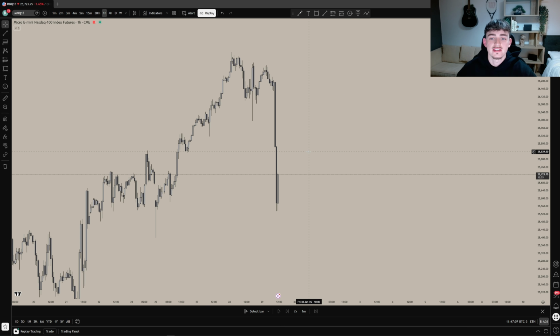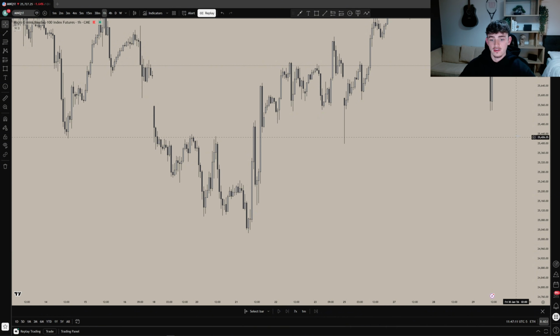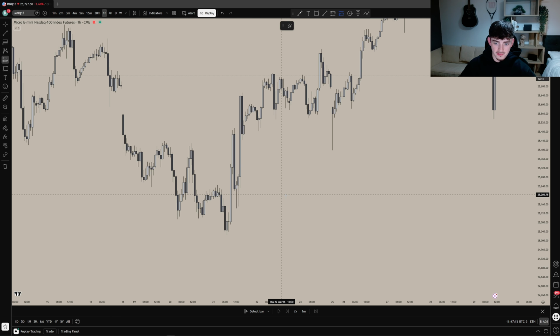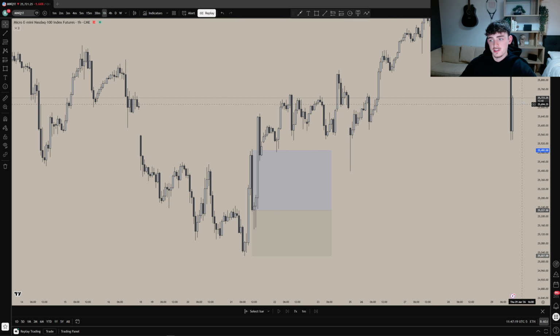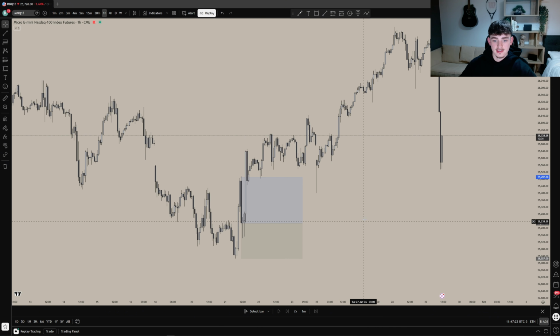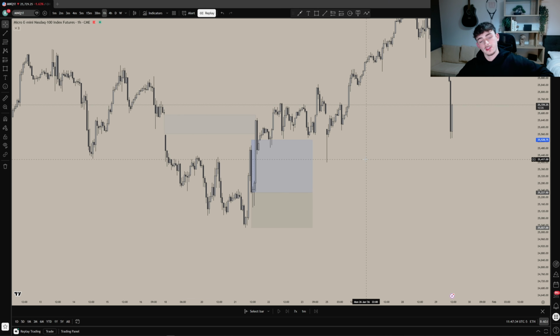Something else I wanted to go over is how you can actually use it for your entry. So let's say we've got our market structure shift here, and we've got our fair value gap. So let's say we just entered off the fair value gap, for example. This would not be what I'm teaching in terms of my model, but this is a good example. So we are looking to target this new week opening gap. So what did I say about them being targeted within a week?